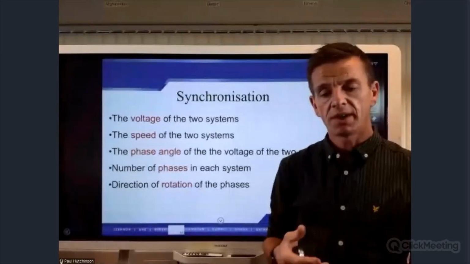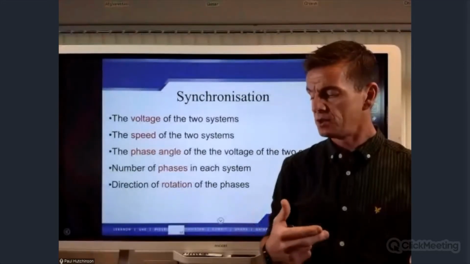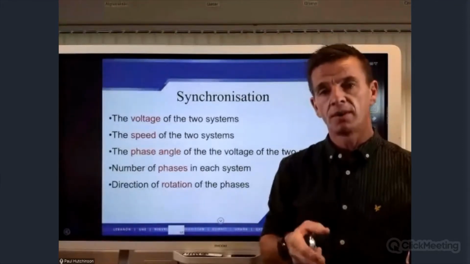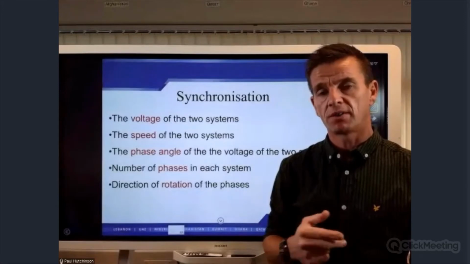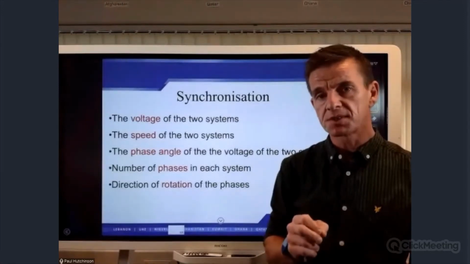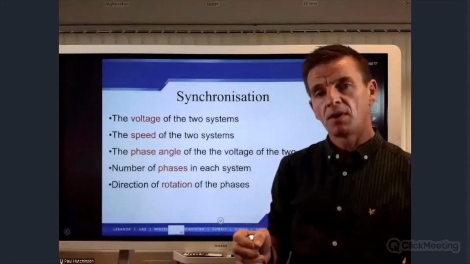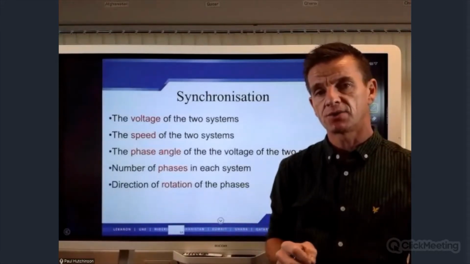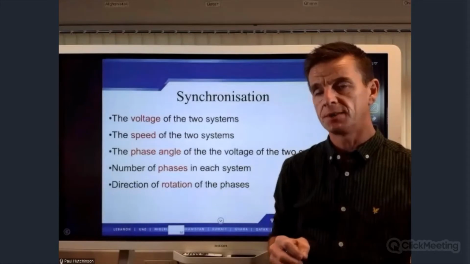If you don't, it can cause a lot of problems during synchronizing or when you're trying to load share or other things. So the voltage must be exactly the same on each and every genset that you're trying to synchronize. All right.